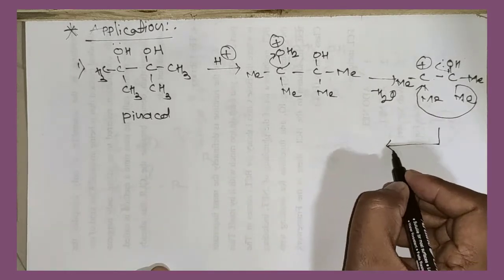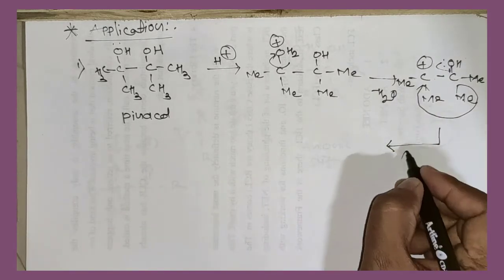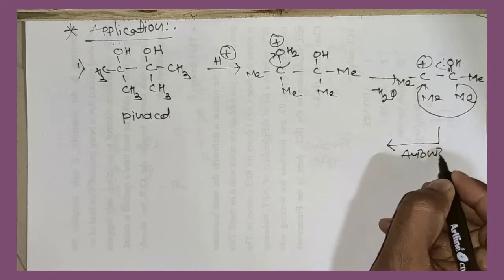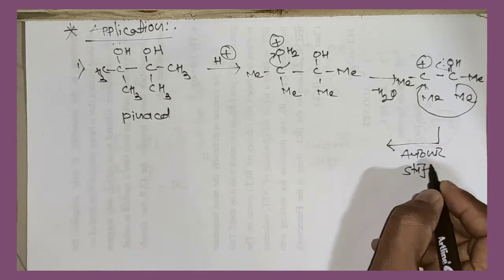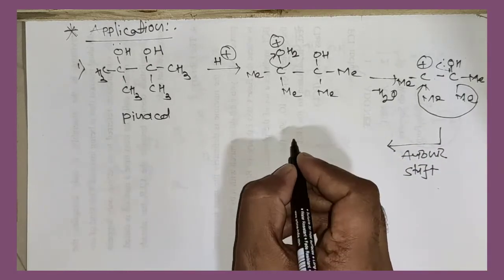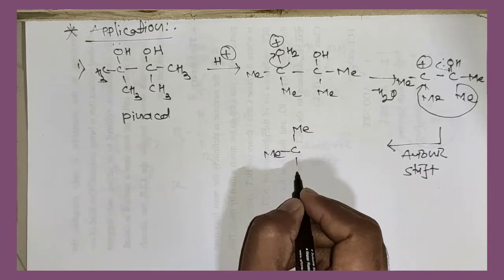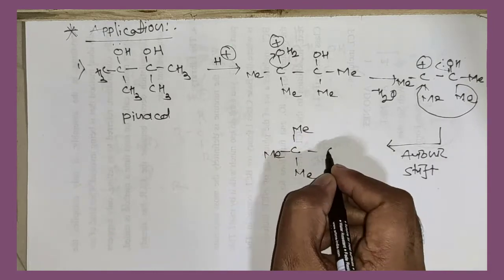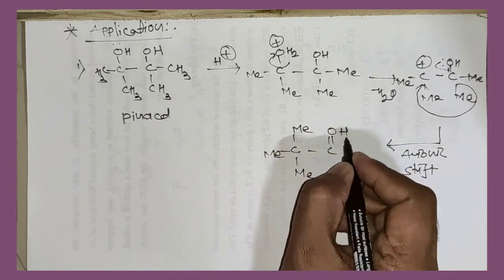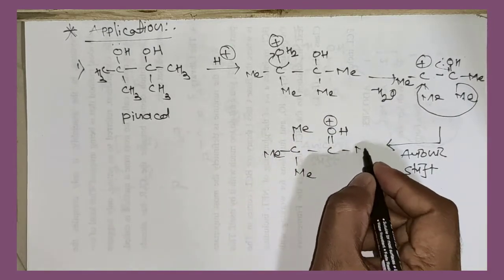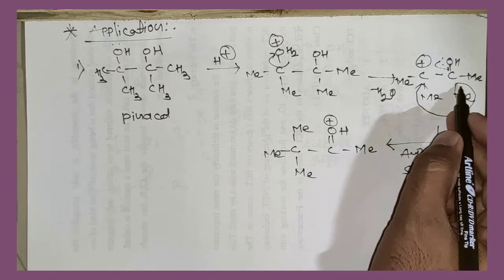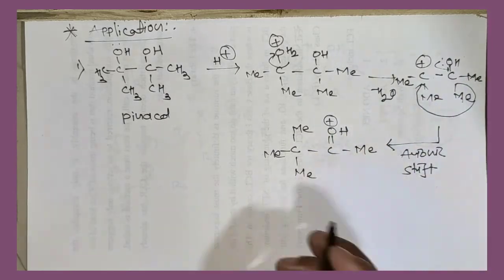So we can say that it's an anionic shift. So here C has 3 methyl groups, that means 1 methyl group comes from the nearer carbon. Here C is doubly bonded to OH which is positively charged, 1 methyl group also here, right?